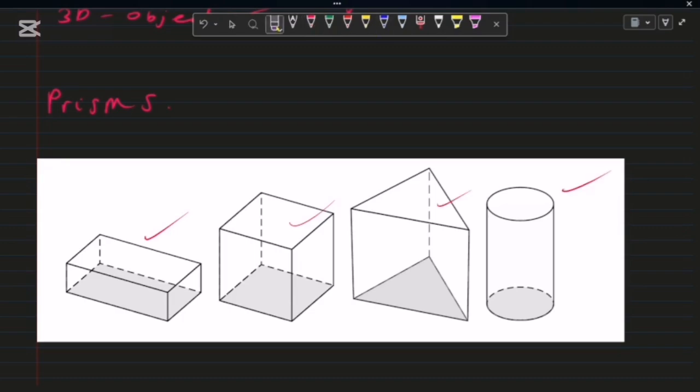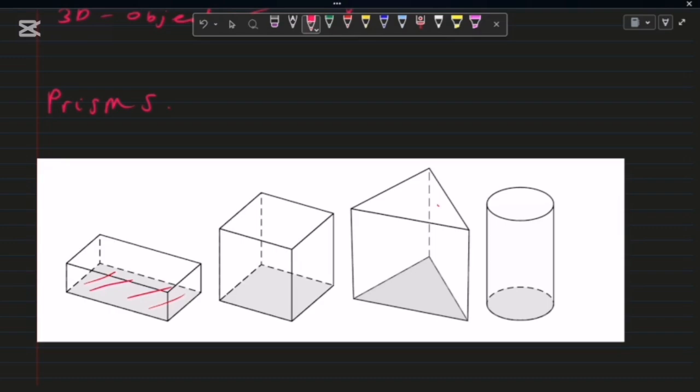Now, what makes an object to be called a prism? An object is a prism if it has a base. Okay, so we can see that this is the base, the base is a rectangle in this case, and the base is exactly the same as the roof.